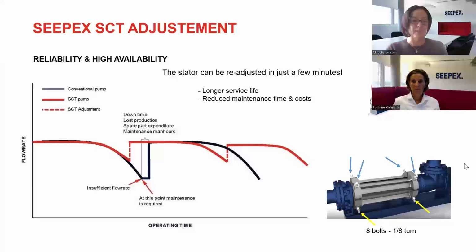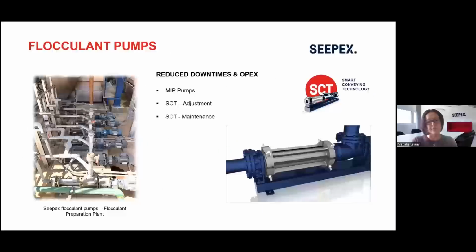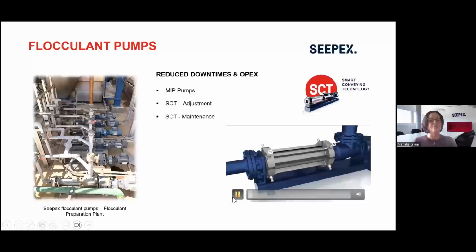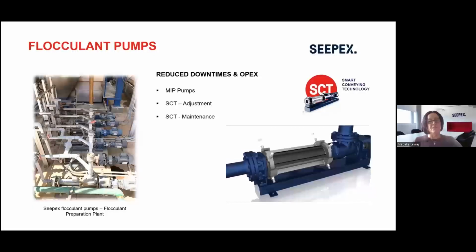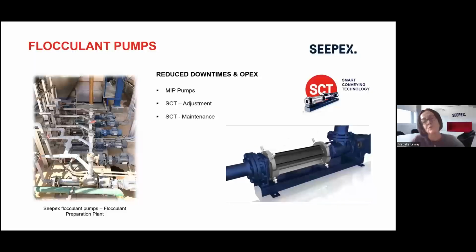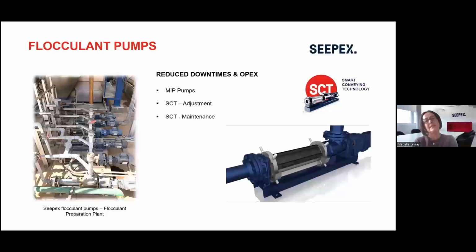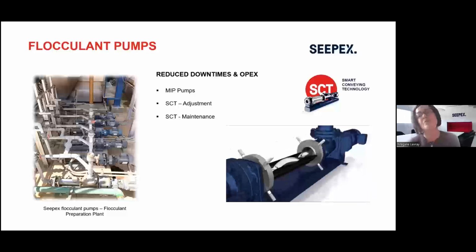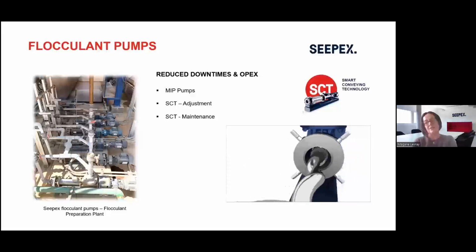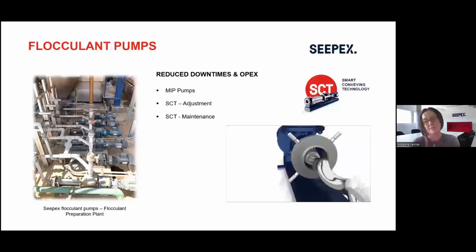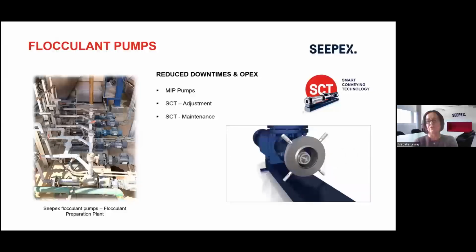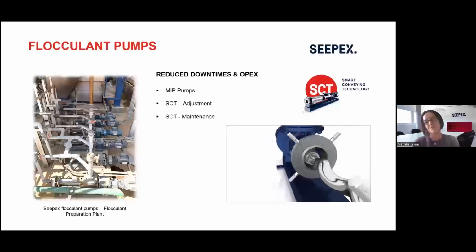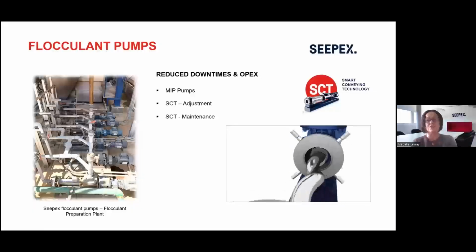And as part of SCT, we're going to see on the next slide how we actually perform the maintenance when we eventually have to change the stator. As you can see in this video, we remove those 8 bolts and we can access the split stator. That split stator enables us to remove the elastomeric stator, which is in 2 parts, and gives us also direct access to the rotor without the need to disconnect suction or discharge piping.